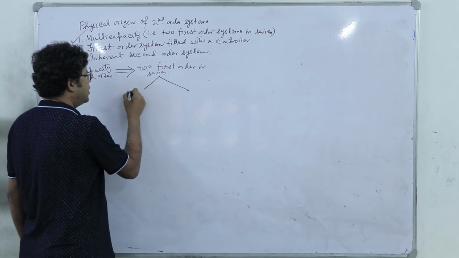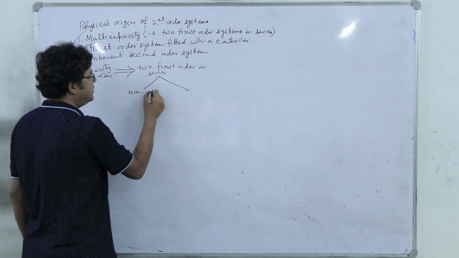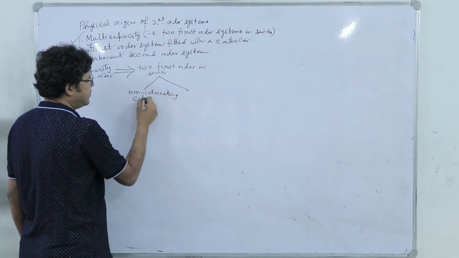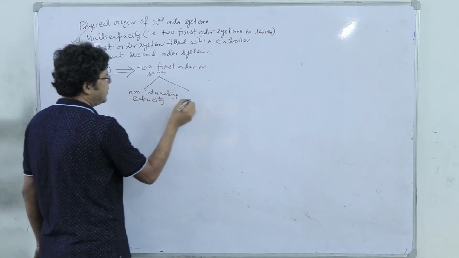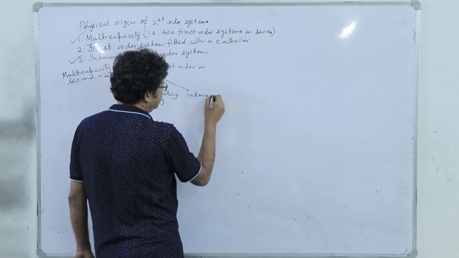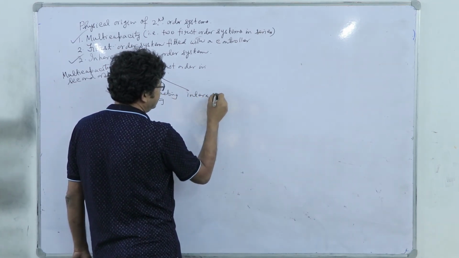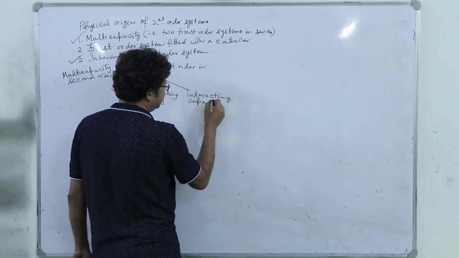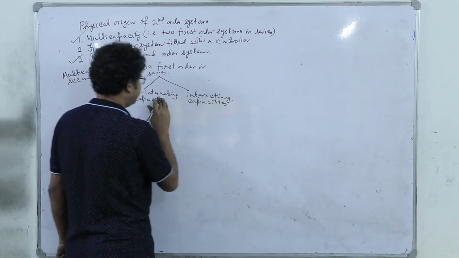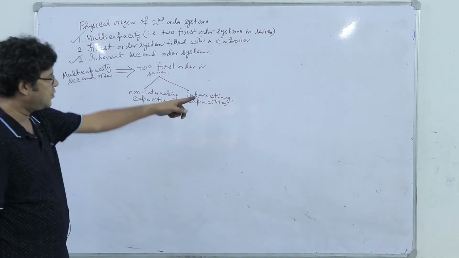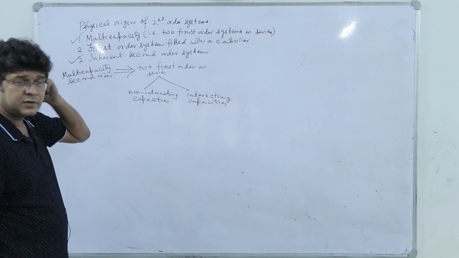It may be non-interacting capacities and interacting capacities. Capacities means interacting two first order systems and non-interacting first order systems.